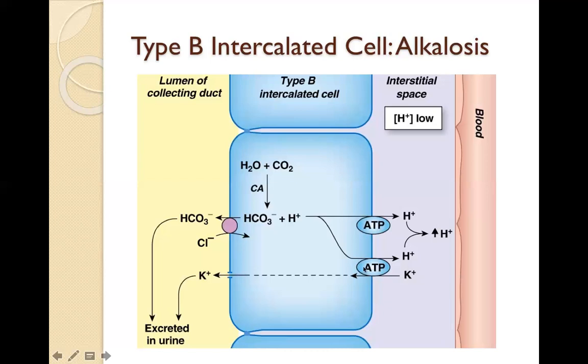The potassium is going to be pumped in, and that potassium is actually going to be excreted in the urine. So somebody who's in a state of alkalosis will sometimes have a low potassium level. So their potassium can go down. Low potassium can be dangerous, just like high potassium.